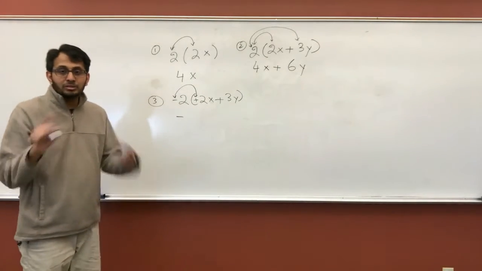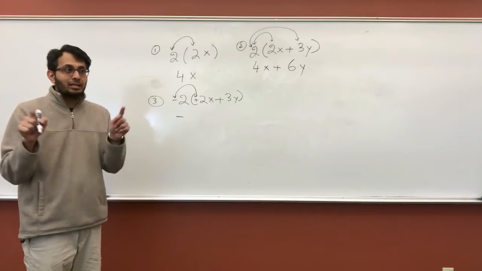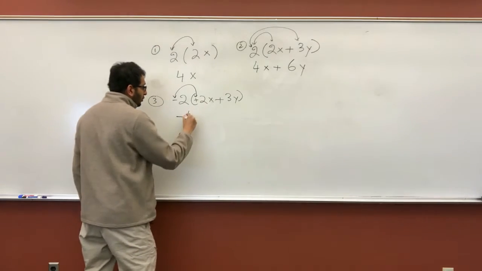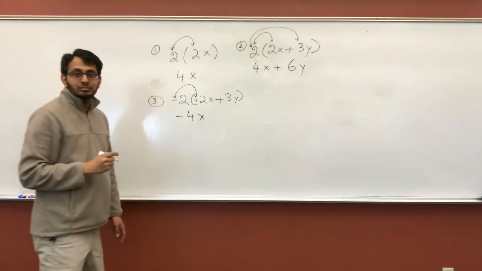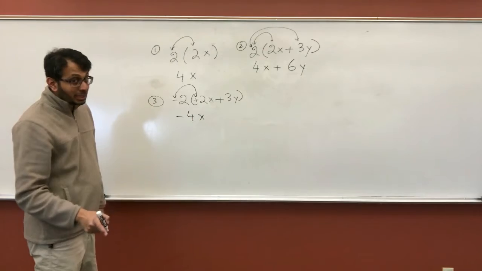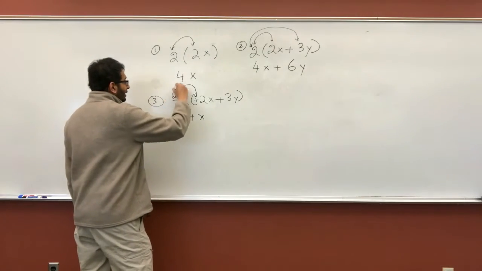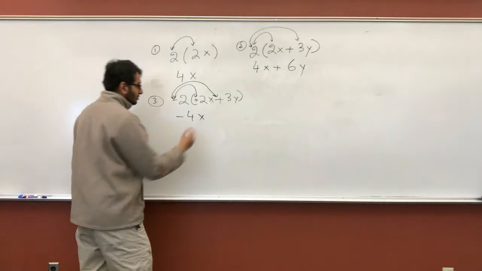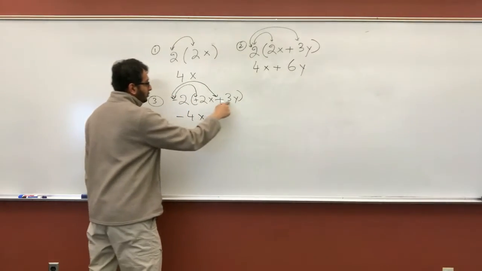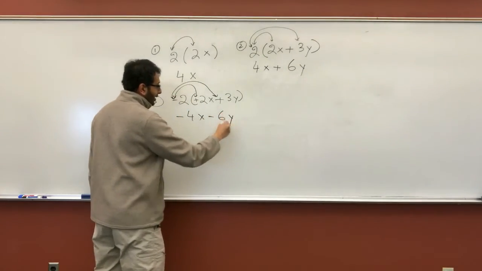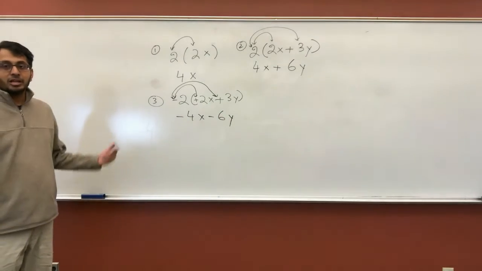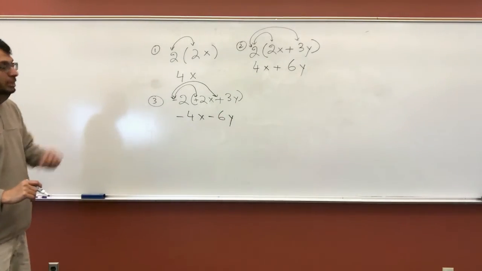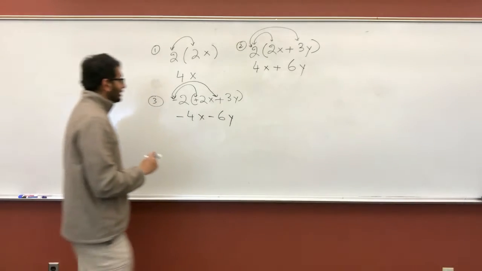Negative, because opposite signs give you negative. 2 times 2 is 4x. Again, you have to do the sign multiplication again. Negative times positive, opposite signs, negative. 2 times 3, 6y. That's it. Done.